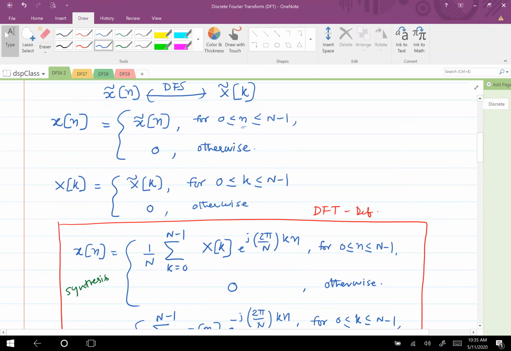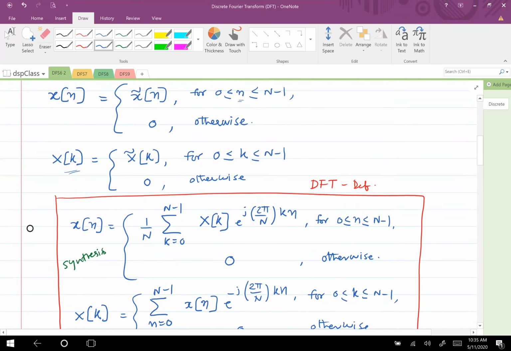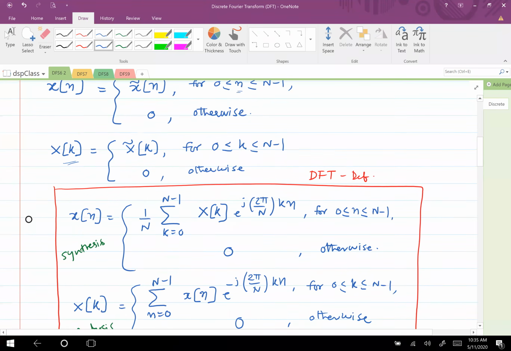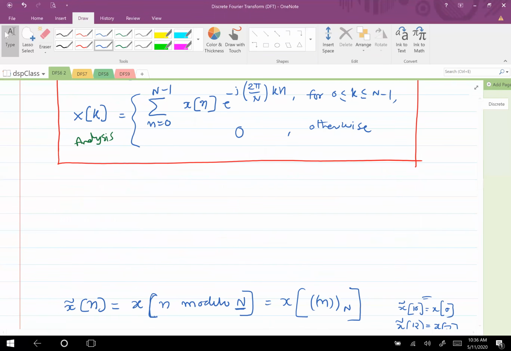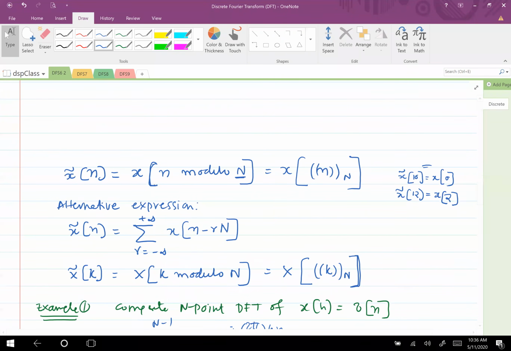Similarly, X tilde of k is periodic, but you restrict yourself to one period of that. All that we are doing here is substituting the definitions for x tilde of n and X tilde of k, the synthesis equation and analysis equation. That's all for the DFT.